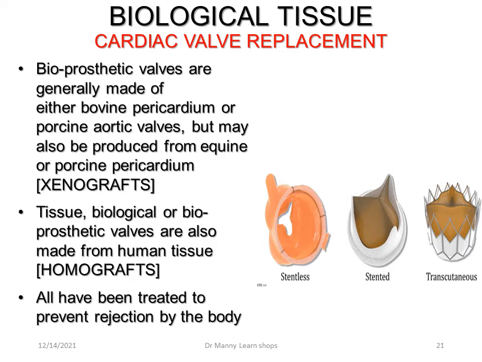These are called xenografts. They come from animals. Tissue, biological, or bioprosthetic valves also made from human tissue are called homografts. And all these valves have been treated typically with antibiotics and products to prevent rejection by the body.